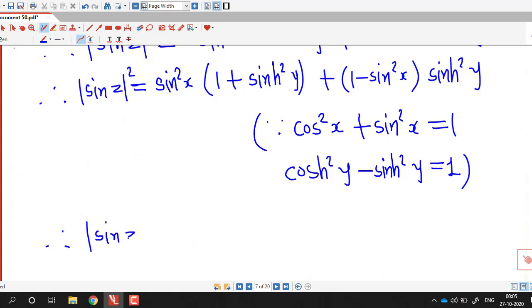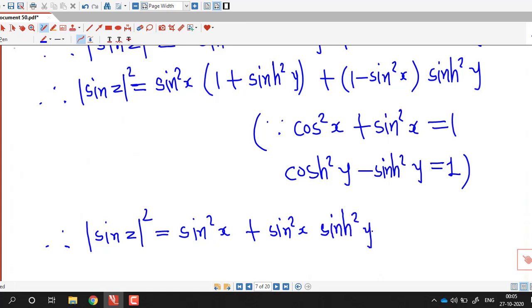Therefore, absolute value of sin z square is, if we multiply this, sin square x plus sin square x times sin hyperbolic square y, plus 1 times sin hyperbolic square y, which is sin hyperbolic square y, minus sin square x times sin hyperbolic square y.